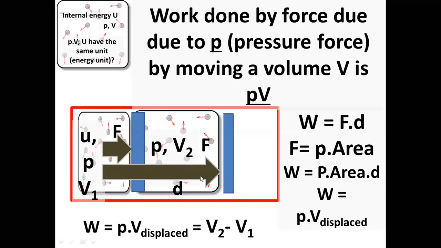It expands. Mass really expands. And when mass expands, it is something like displacement. So the displacement is what? V2 minus V1. See, W, the work done here, is pressure times V2 minus V1.